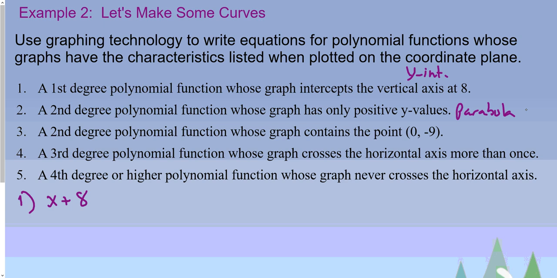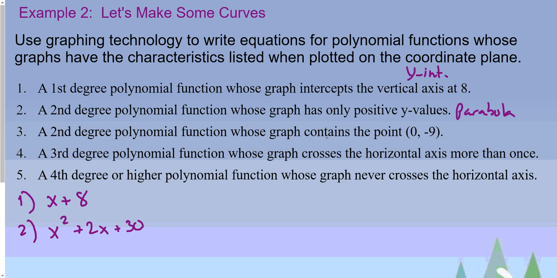So maybe something like x squared plus 2x plus, say, 30. That's a good example of one right there, so that would never cross the x-axis.